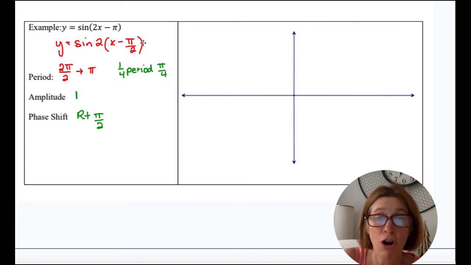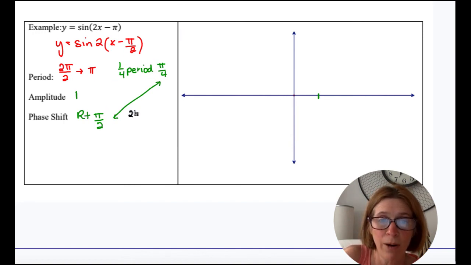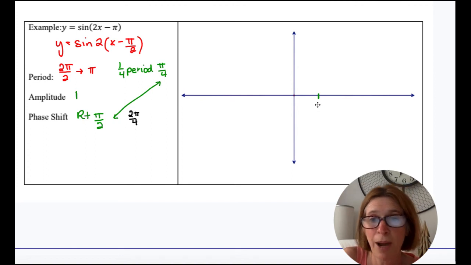Okay, so I'm going to start at pi over 2. But remember, we really want our quarter period and our phase shift to have the same denominator and make it easy for ourselves. So that would be 2 pi over 4. Okay, so 2 pi over 4 is pi over 2.